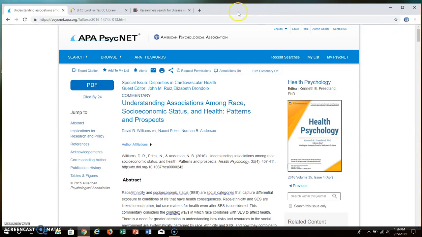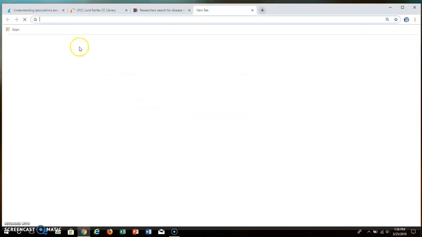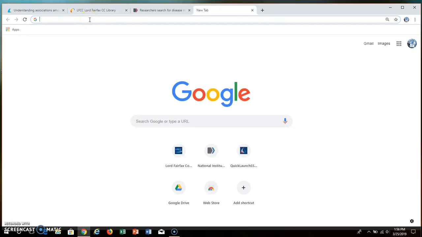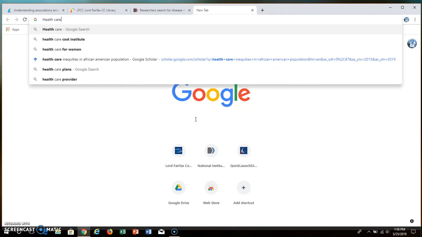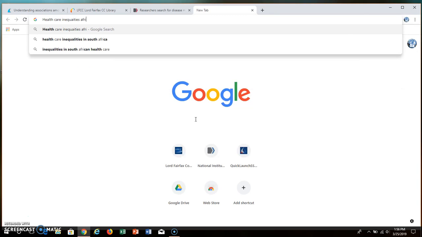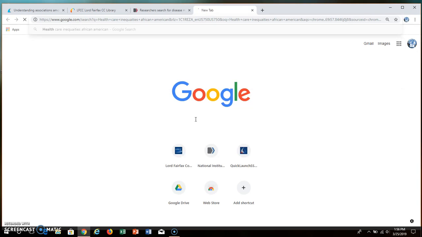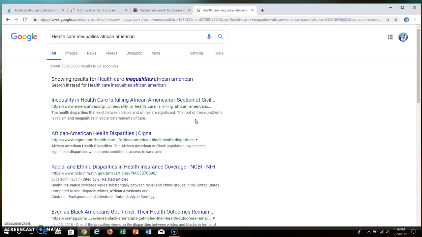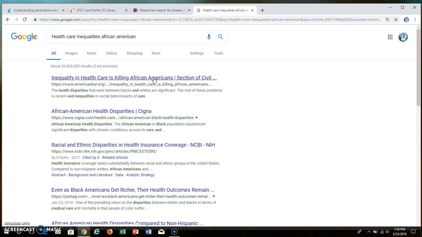One thing I do like to do as well is, and I'll keep that as a tab, I'll also just regularly Google search and see what articles pop up. Because in those articles, especially if it comes from one of the major reliable newspapers in America, you can find sources within the articles.